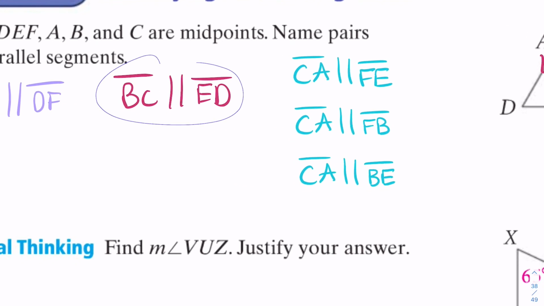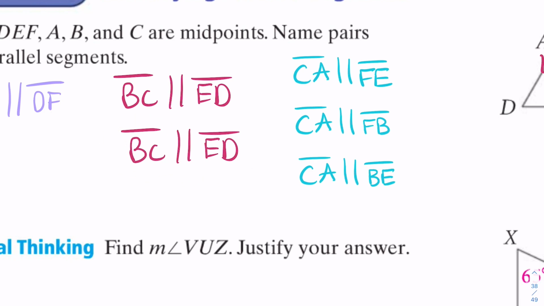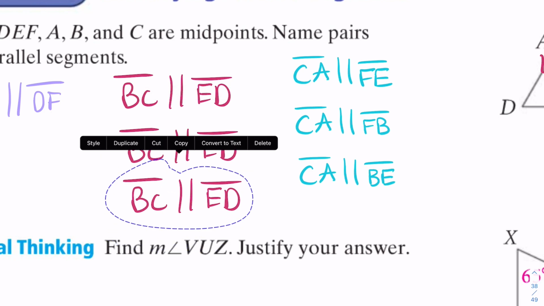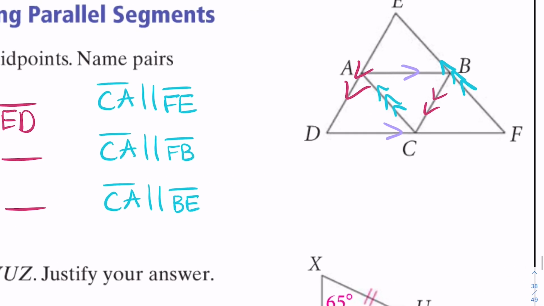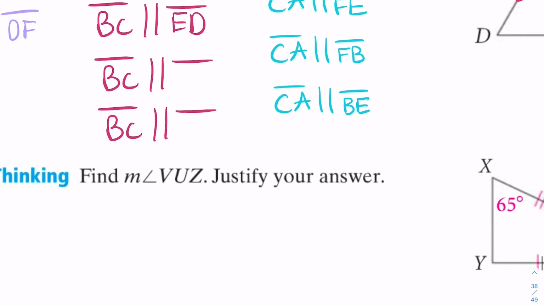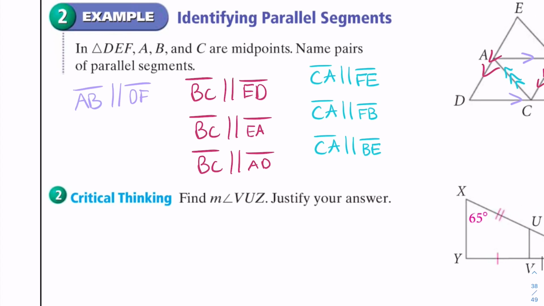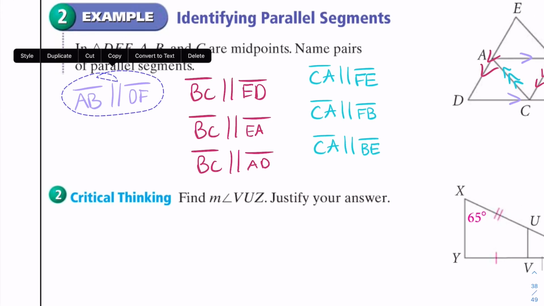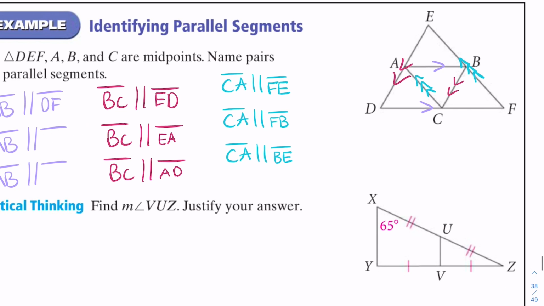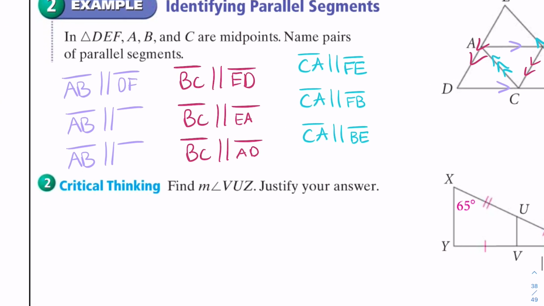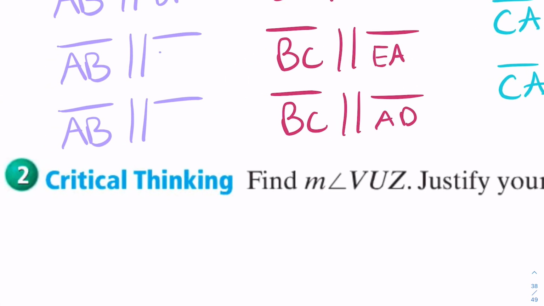So ED is EA and AD. And then this last one, DF is DC and CF.